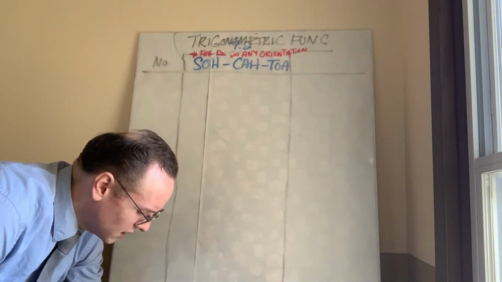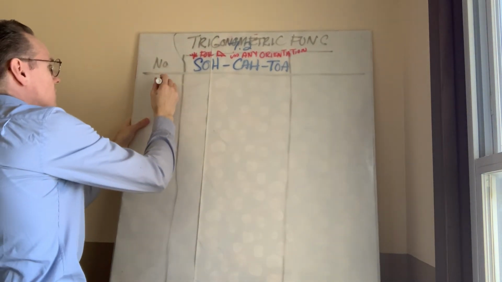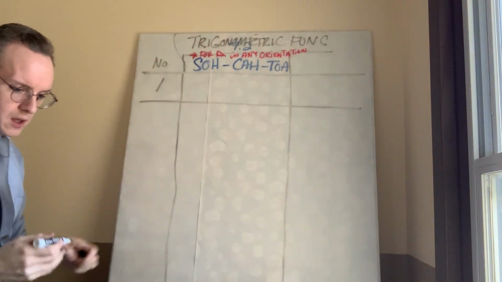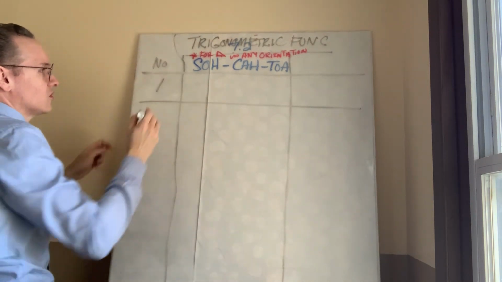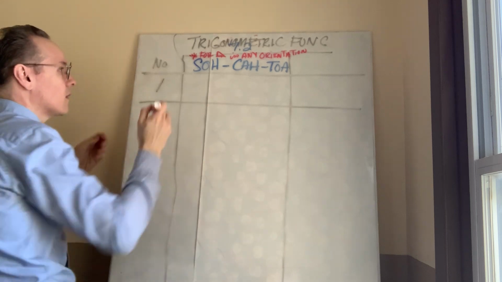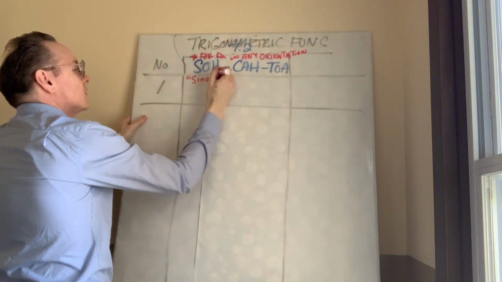So let me do this. I wish my black marker wrote a little bit more darkly. Let's do this first one here. If you have the first trig function, it's referred to as sine. And it would be spelled S-I-N-E.